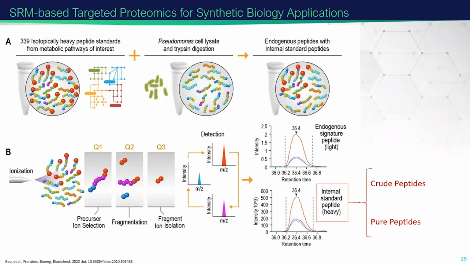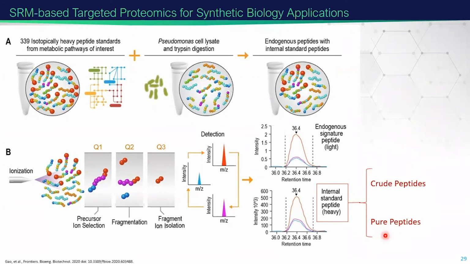SRM is mainly for quantification, and you can even do absolute quantification if you are really rigorous and want to use pure peptides, which are normally more expensive than crude peptides. Pure peptide means we know exactly the concentration of these internal standard peptides.